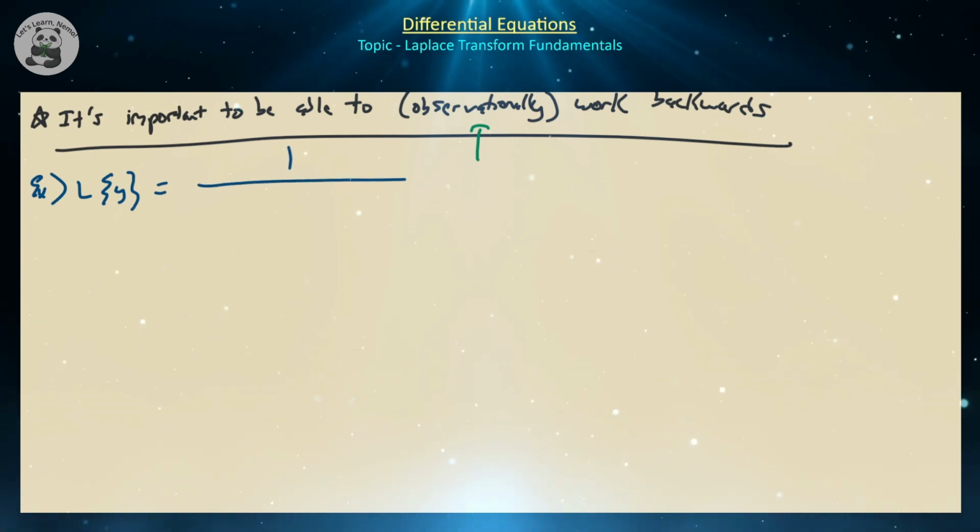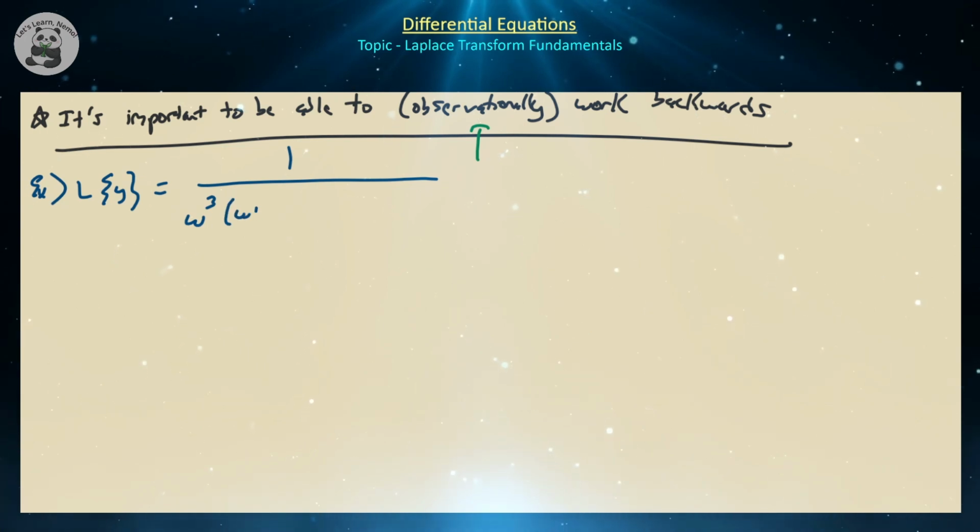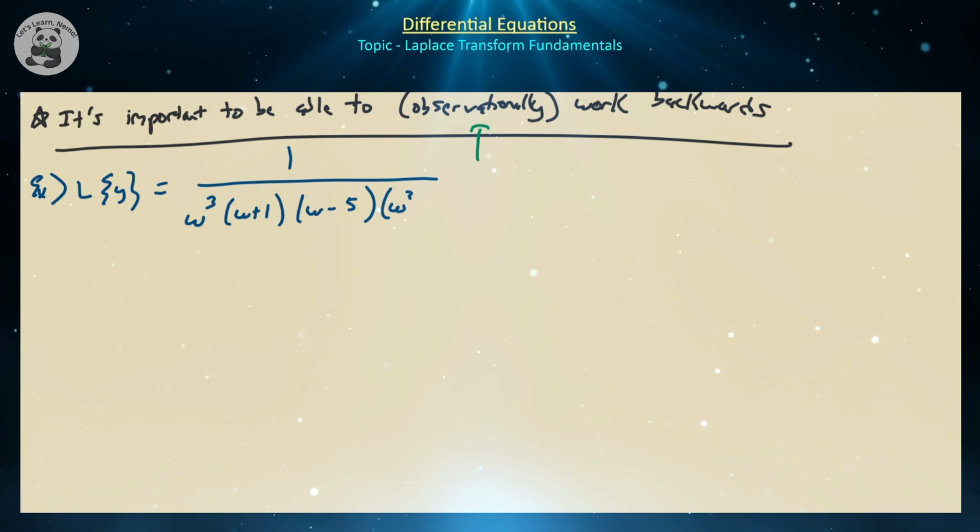Suppose we have the Laplace transform of some function y is equal to omega cubed times omega plus 1 over omega minus 5 times omega squared plus 4. At least for all of our functions up to this point, except for the unit impulse function, the Laplace transforms of all of them are rational functions to some degree.